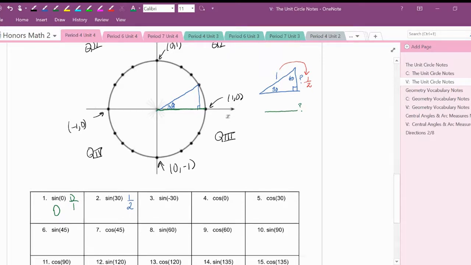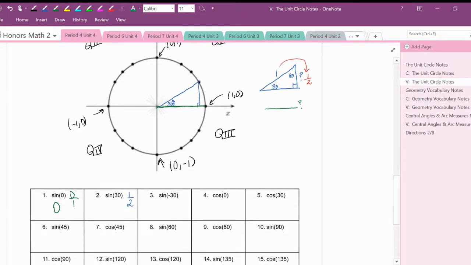And the sine of negative 30 degrees, and we know that negative means to rotate clockwise. So we would go underneath the x-axis this time.